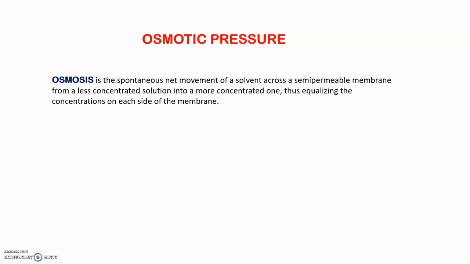It's nothing but a membrane which allows only solvent molecules to pass through. It doesn't allow solute particles to pass through it. For example, the egg membrane, the cell membrane. Cell membrane is a very good example of a semi-permeable membrane.